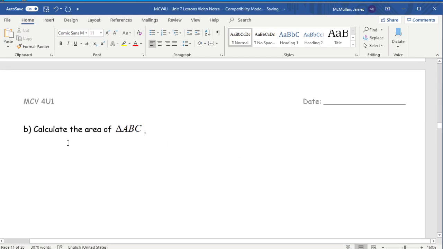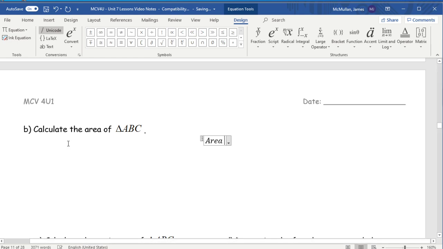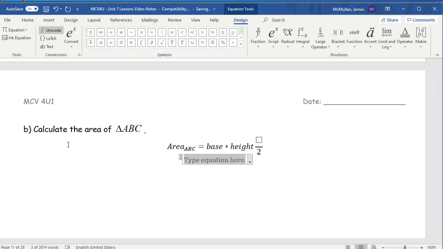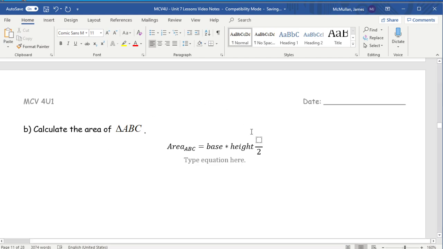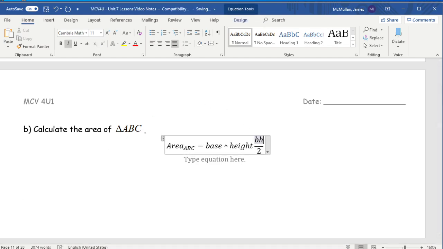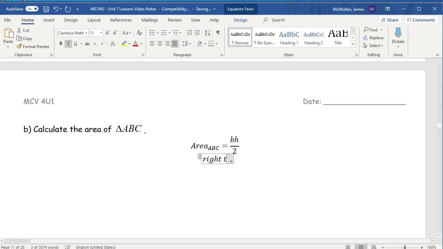Now calculate the area of ABC. We know that the area of a triangle is equal to the base times the height divided by 2. We also know that in a right triangle, the hypotenuse is neither the base nor the height.